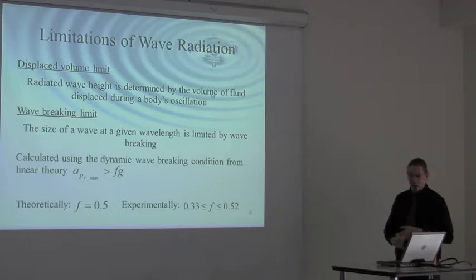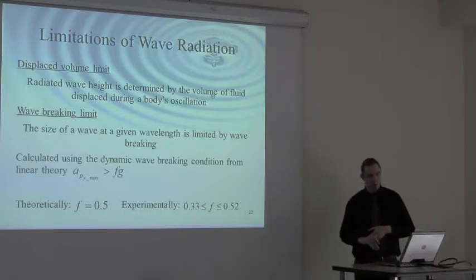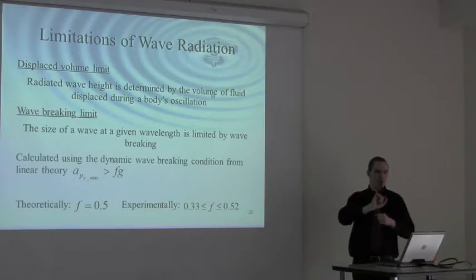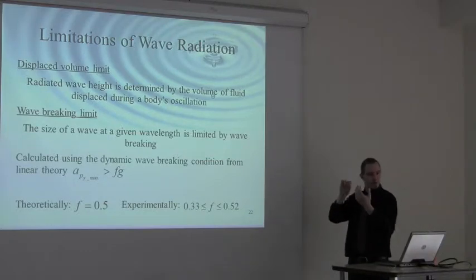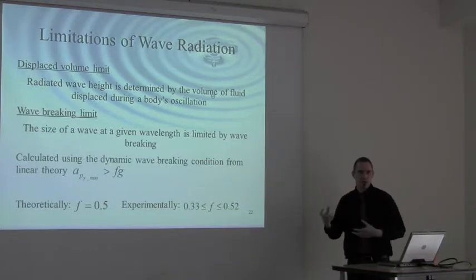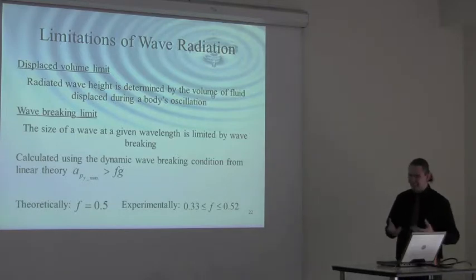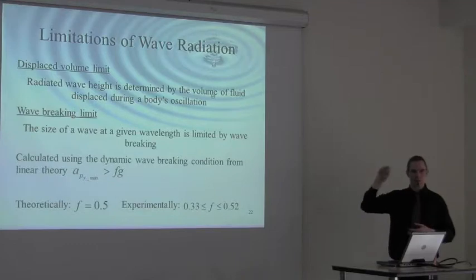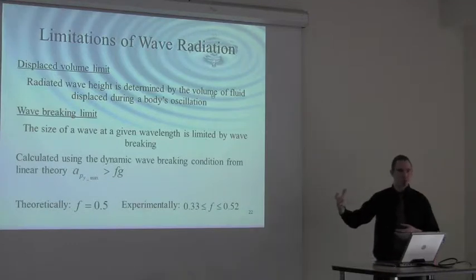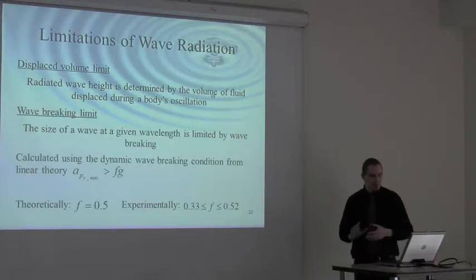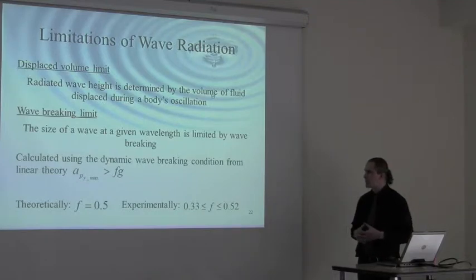The kinematic wave breaking criterion looks at the particle velocity at the top of the wave. So when the particle velocity at the top of the wave is moving faster than the wave itself, waves should break. However, experimentally this doesn't quite work out, and people have measured faster velocities at the tip of the waves than the wave is travelling, and all sorts of stuff. So generally it didn't work out too well.